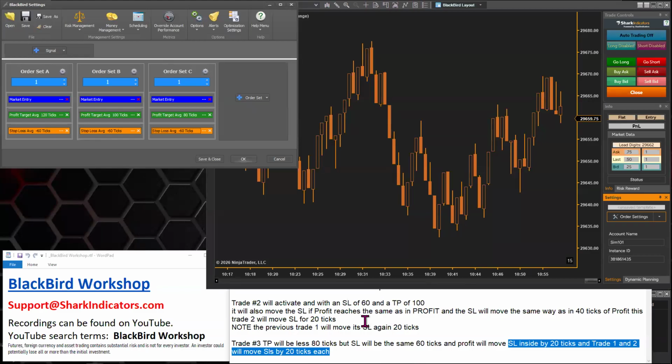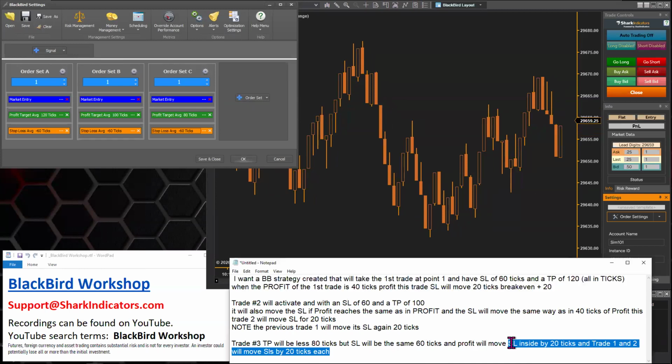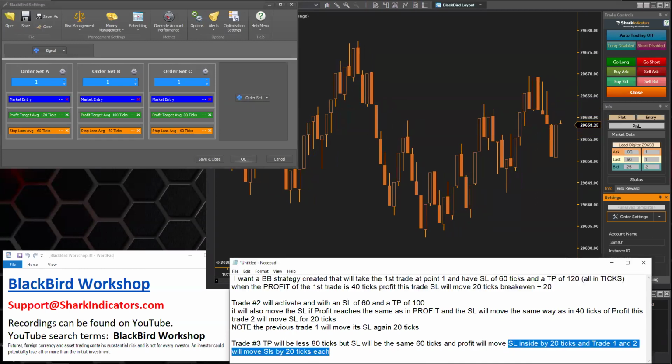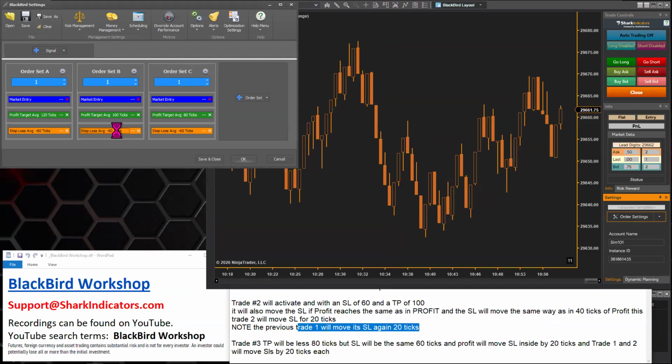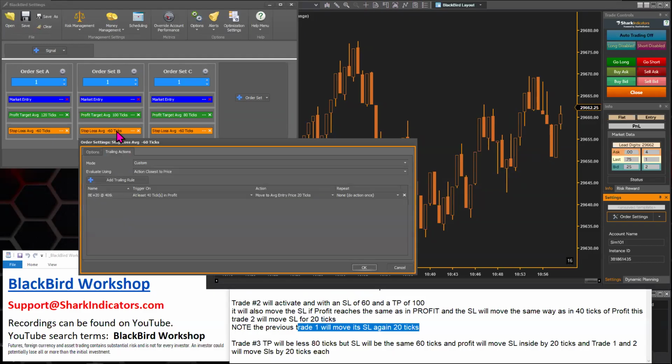So now we have some additional requirements here. When our second trade moves to break even, we want the stop loss for the first trade, order set B, to move another 20 ticks. All right, so let me think about that here.